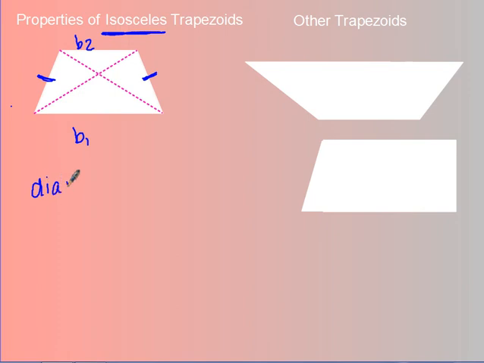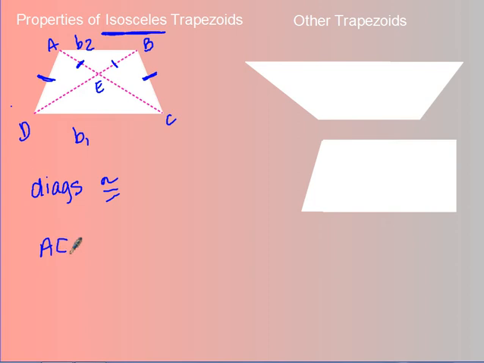Your diagonals in an isosceles trapezoid are congruent. So if we label it A, B, C, D, and E at the center, the diagonals are congruent. But something that's different here is that the top segments of your diagonals will intersect and give you an isosceles triangle up here at the top.